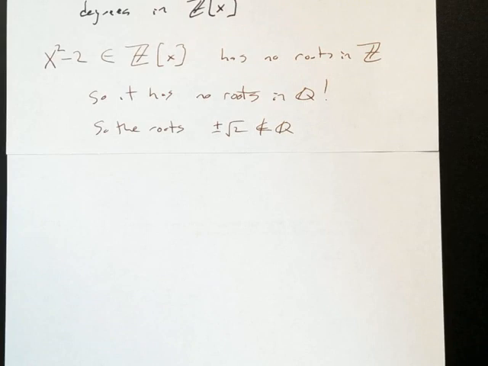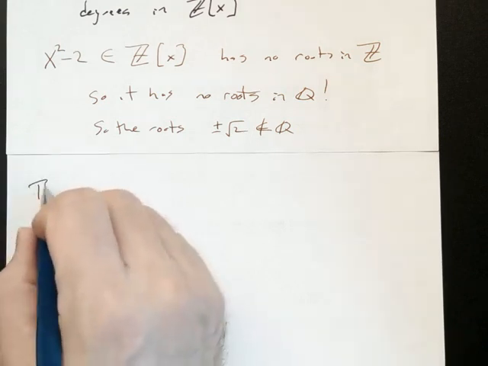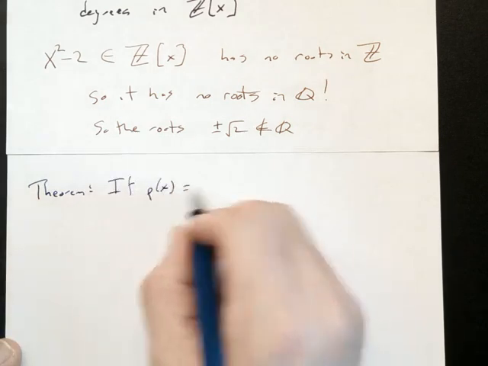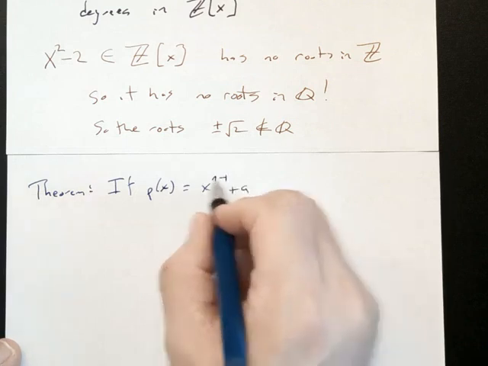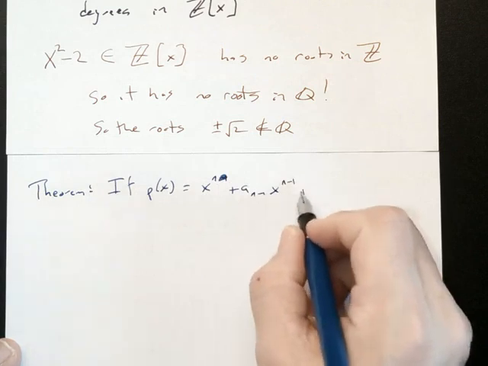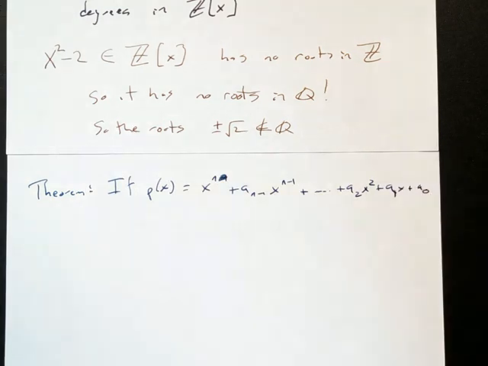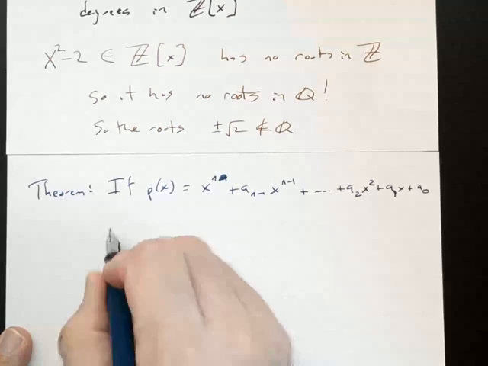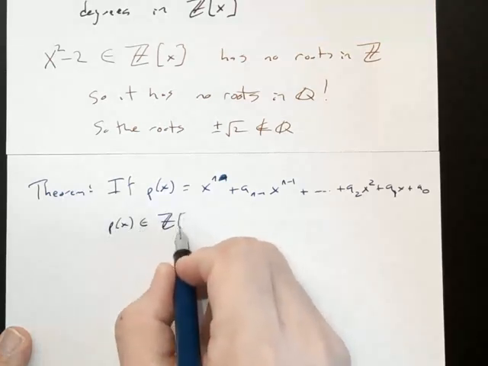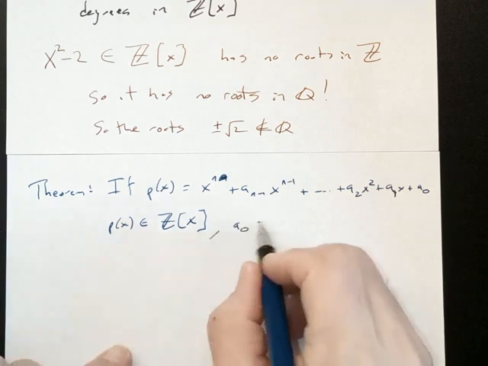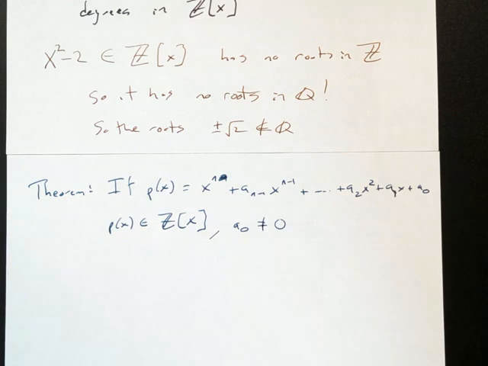Turns out, if I have a polynomial whose leading coefficient is 1, and it's got integer coefficients, and A0 is not 0, because if A0 was 0, I'd be able to factor out an x.